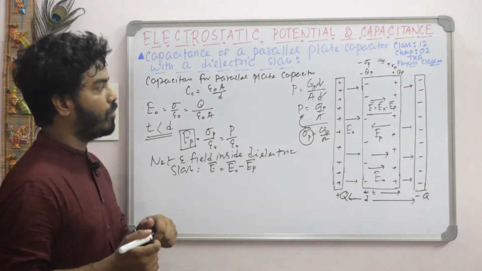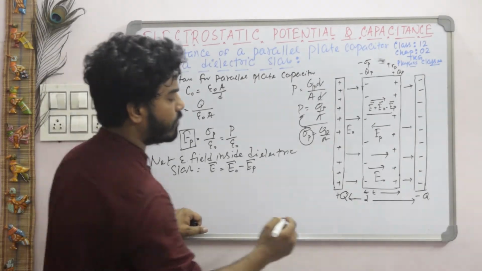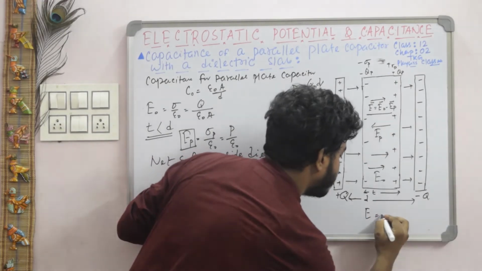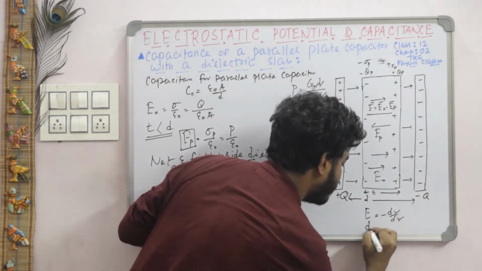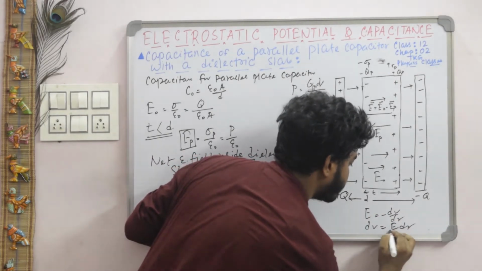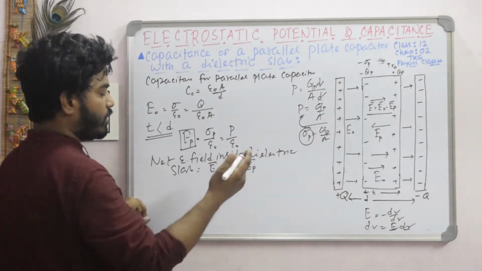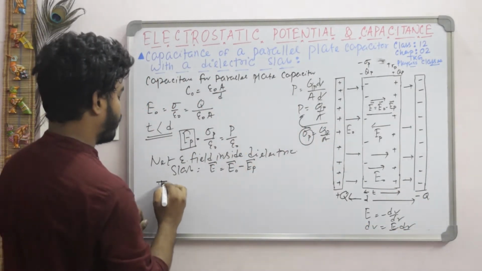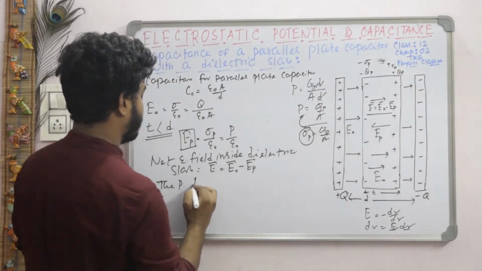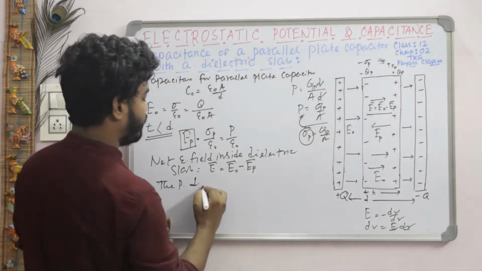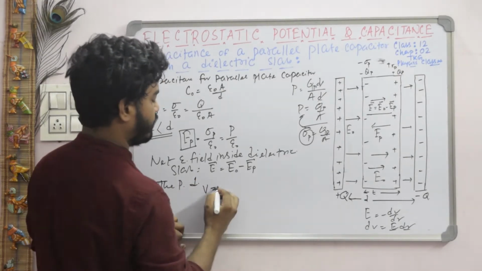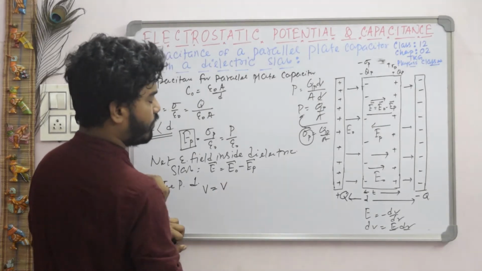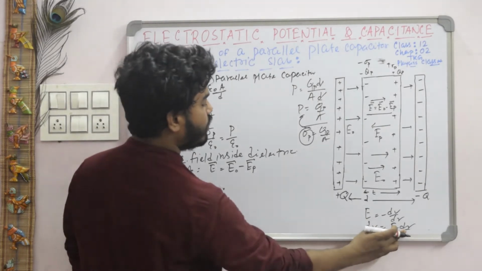You know the formula for calculating potential difference. What is the formula? E is equal to dV by dr, so dV is equal to E into dr, electric field into separation. So the potential difference V is equal to the integral of E into dr.